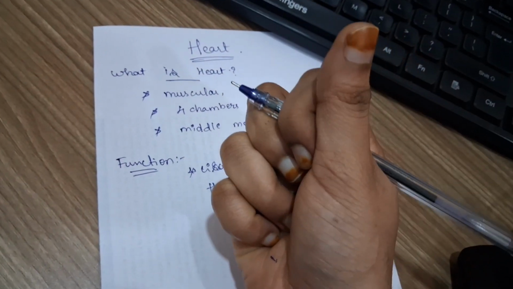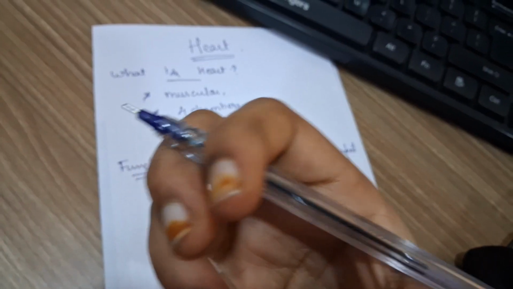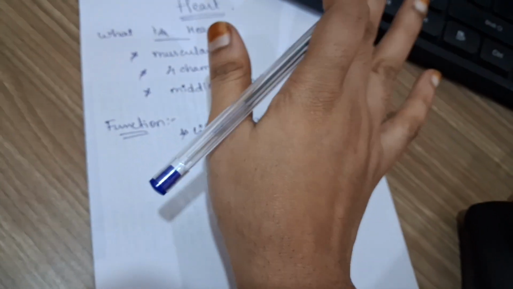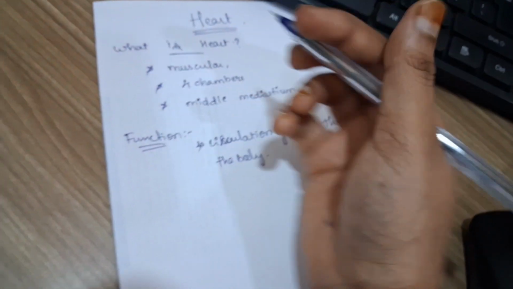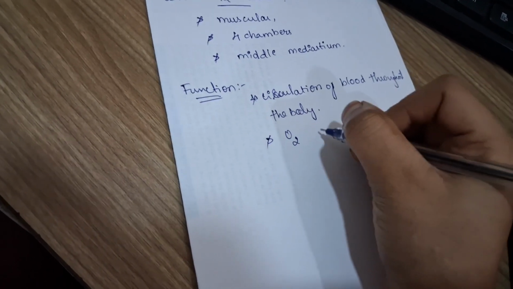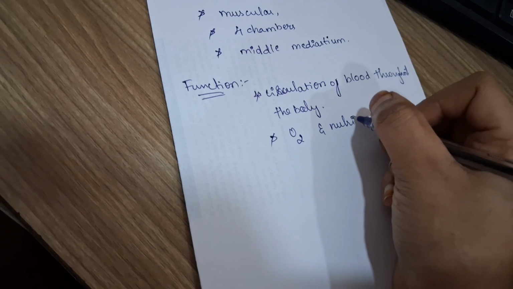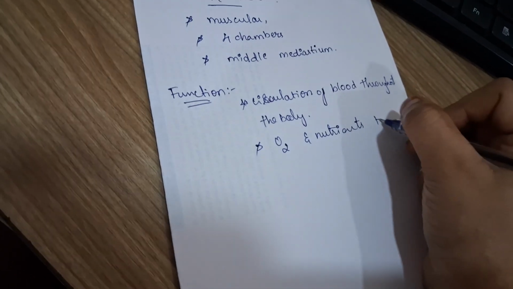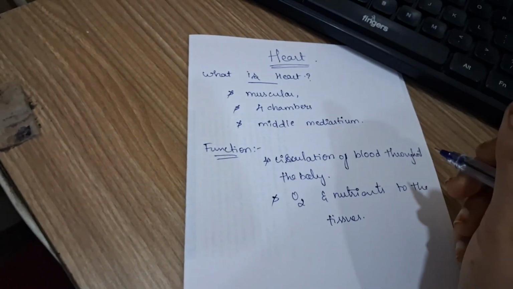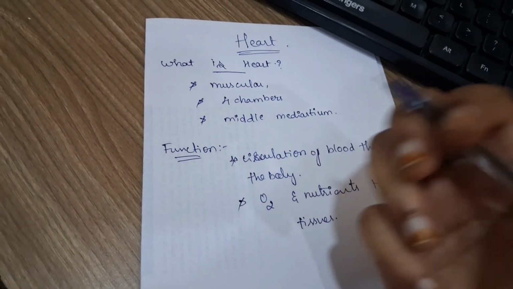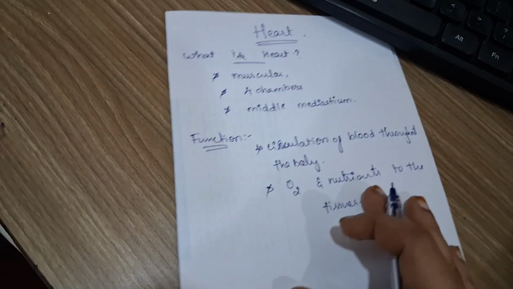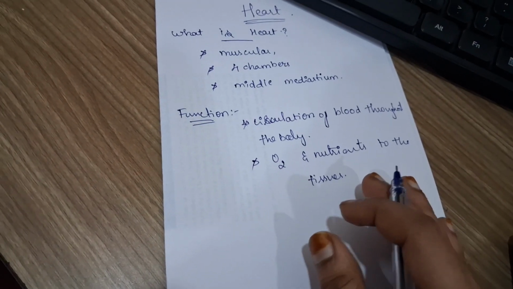When the heart pumps, it pumps all the blood out of the heart and then maintains the blood throughout the body, delivering nutrients and oxygen-rich blood to the tissues. A detailed explanation of heart function and physiology we will see in the next videos, okay?